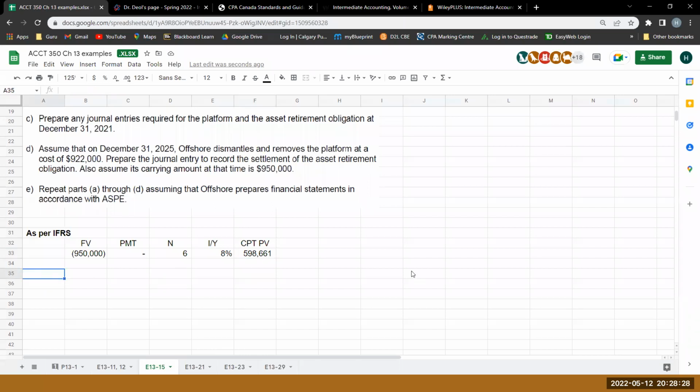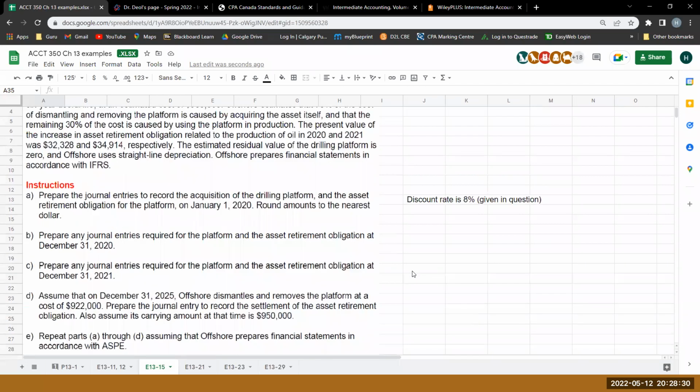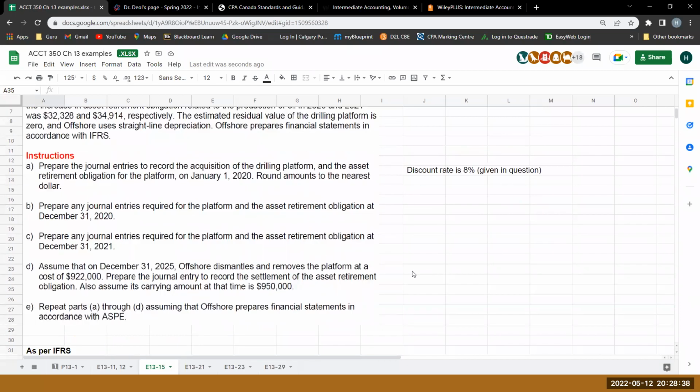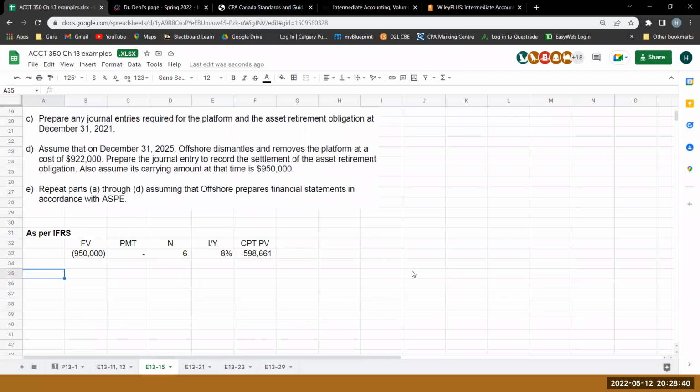Okay, looks good. So then part A, prepare the journal entries to record the acquisition of the drilling platform and the asset retirement obligation for the platform on Jan 1st, 2020. So that's my part A. Jan 1st, 2020.